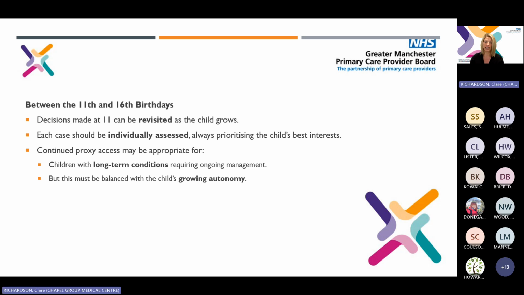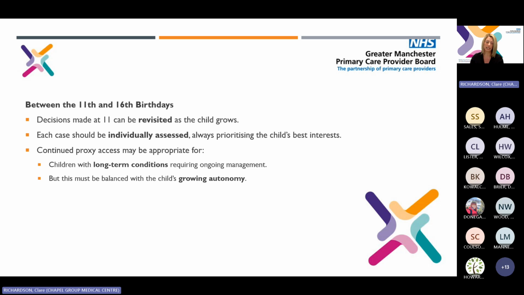Each case must be considered individually with the interest of the child being paramount. For example, for parents with GP online service access on behalf of a child or young person with a long-term condition that requires regular monitoring and medication, it probably would be appropriate to continue access after the 11th birthday.